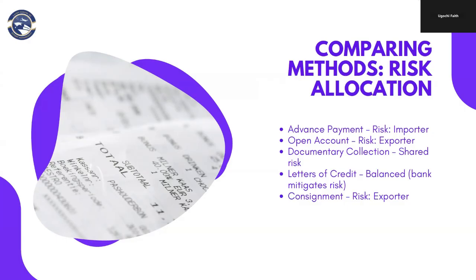Then we have the documentary collection. For the documentary collection, it is a shared risk. The shared risk is that you as the exporter, you are sending the clearing documents to the importer's bank. If the importer does not get all those documents, he will not be able to clear the container.